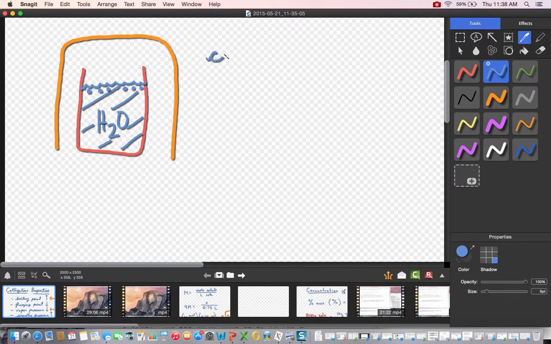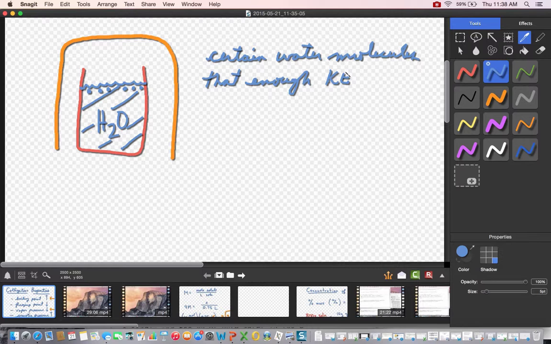So there are certain water molecules that have enough kinetic energy to undergo a liquid to vapor phase transition.